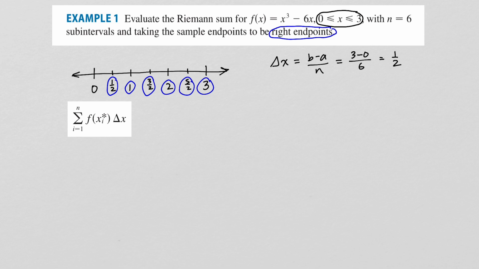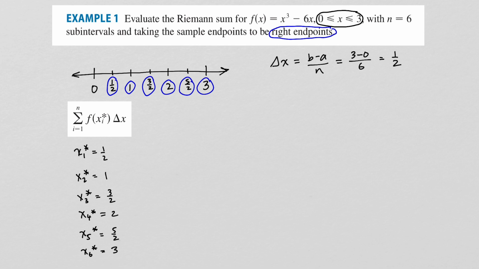So literally we can assign numbers to these. x1 star would be 1/2. x2 star would be 1. x3 star would be 1 and 1/2, which is 3/2. x4 star would be 2. x5 star would be 2.5 or 5/2. And the last one, x6 star, would be 3.